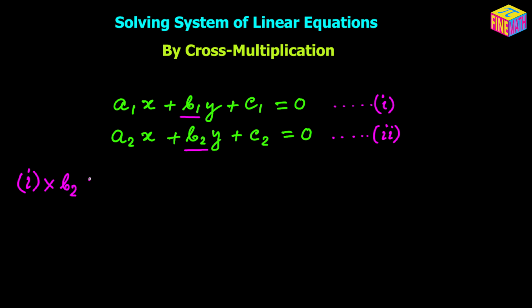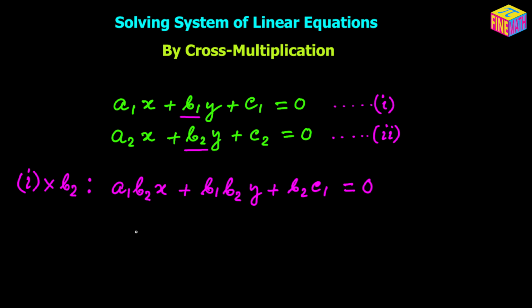We multiply both sides of the first equation by b sub 2, so our first equation now becomes a sub 1 b sub 2 times x plus b sub 1 b sub 2 times y plus b sub 2 c sub 1 is equal to 0 times b sub 2, that would be 0.